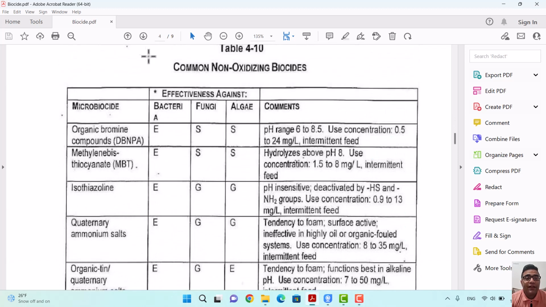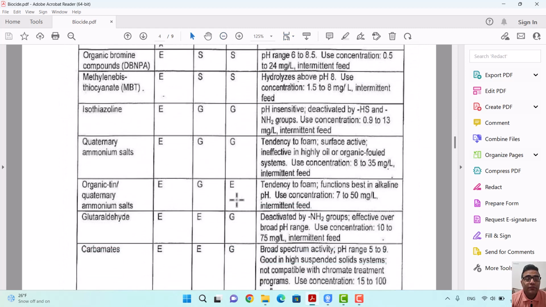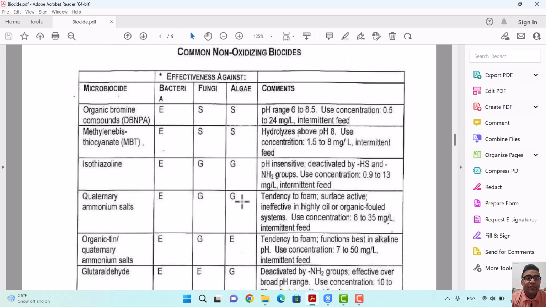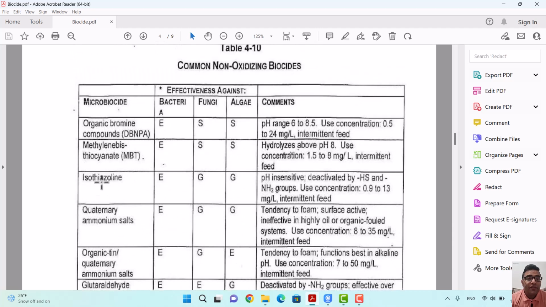Then we have this table. This table represents the most common types of non-oxidizing biocides.